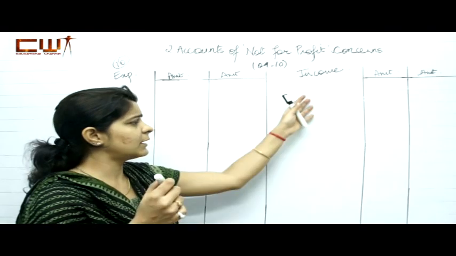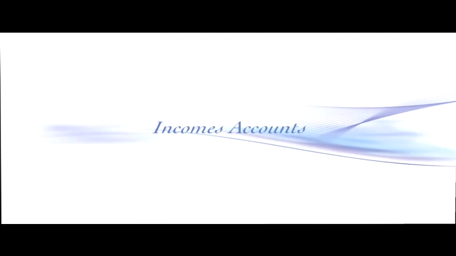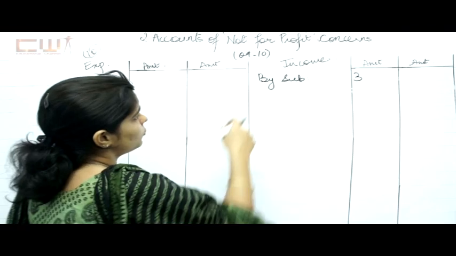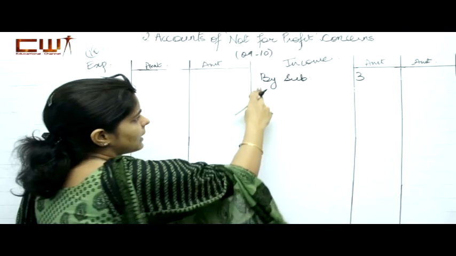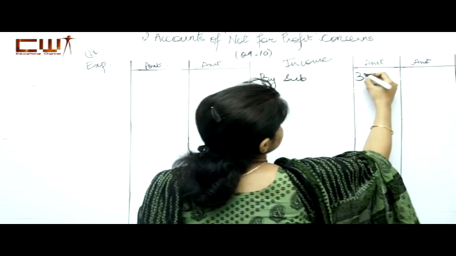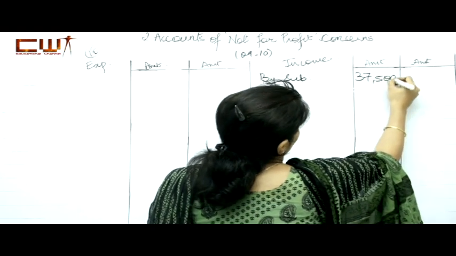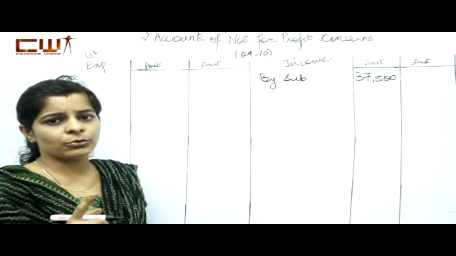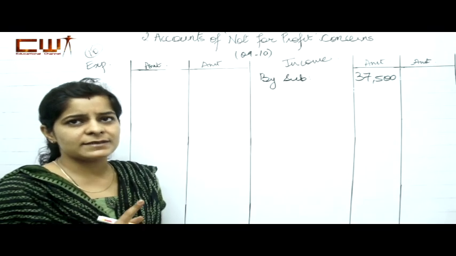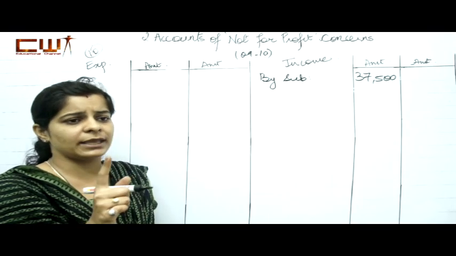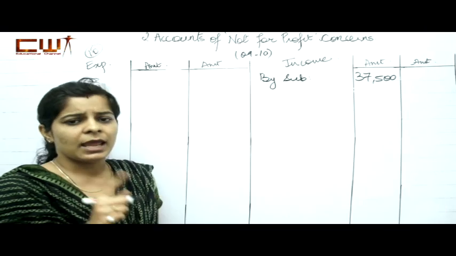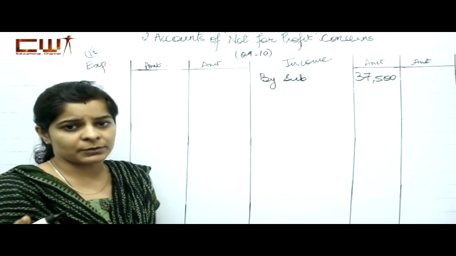We will solve the income side first. We will move on to the income side. By subscription, it is 37,500, right? Now what you do is you will always subtract the subscriptions or the incomes of the previous year, and you will also subtract those of the coming year.